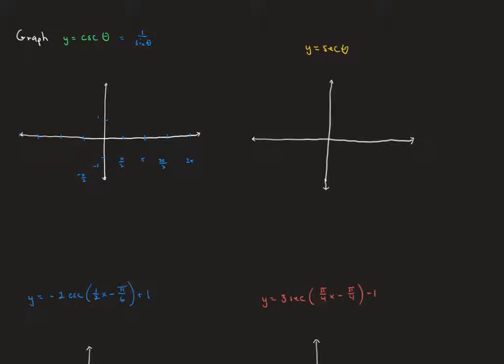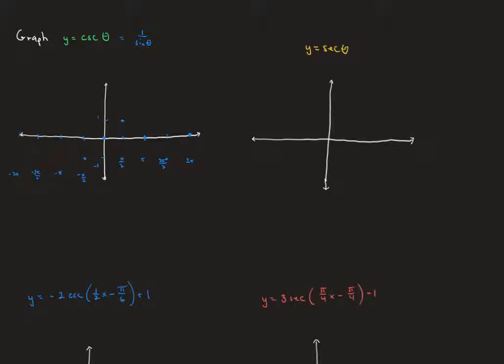We're going to compare and contrast it to our secant curve. So I'm going to plot these points. Now sine, we know, starts in the middle, and then it's going to go high, middle, low, back to middle, and similarly this way.